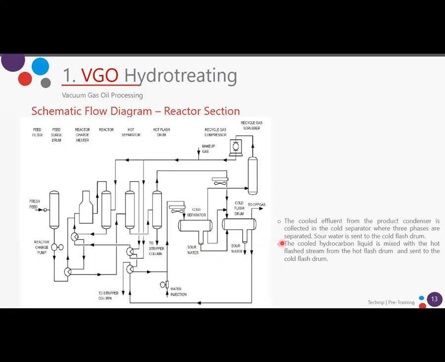Then the cool hydrocarbon liquid is mixed with the hot flash stream from the hot flash drum and sent to the cold flash drum here, okay? You see here that it is cooled and it is combined with this and enters here in this cold flash drum.